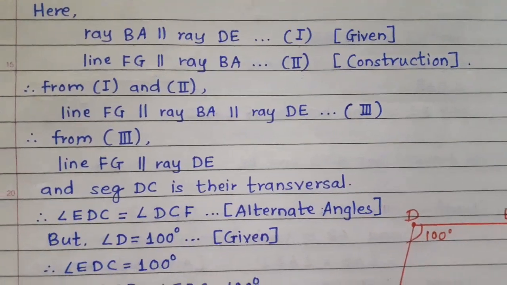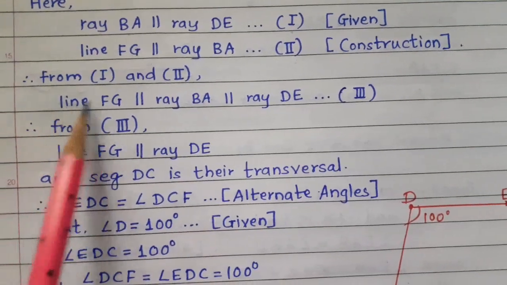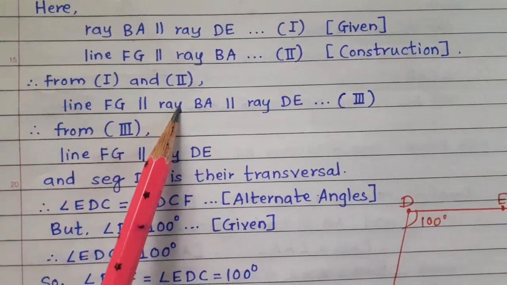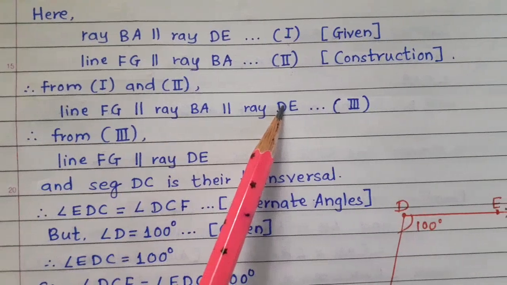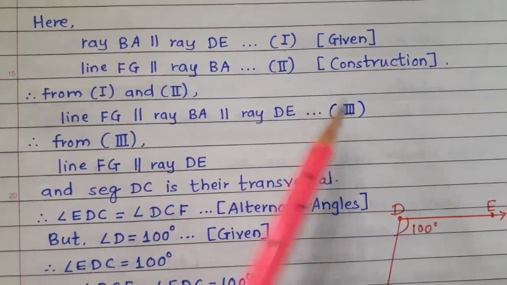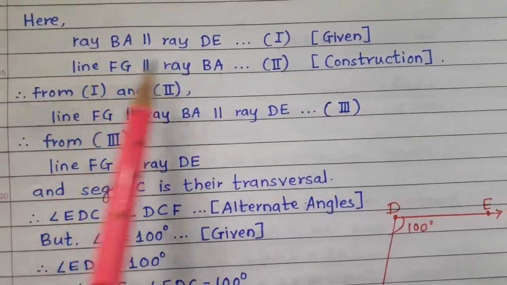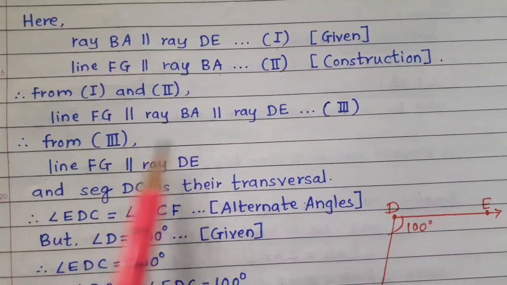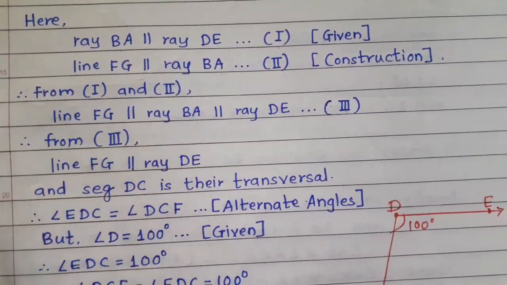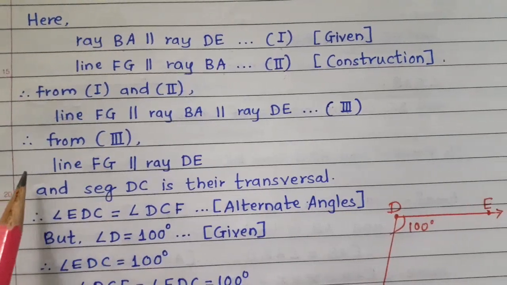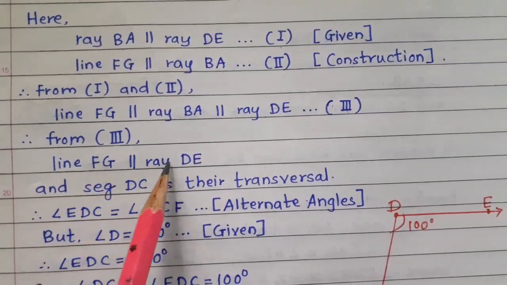So from first and second, line FG is parallel to ray BA and ray BA is parallel to DE. Give it as equation third. So from third, we can write line FG is parallel to ray DE.